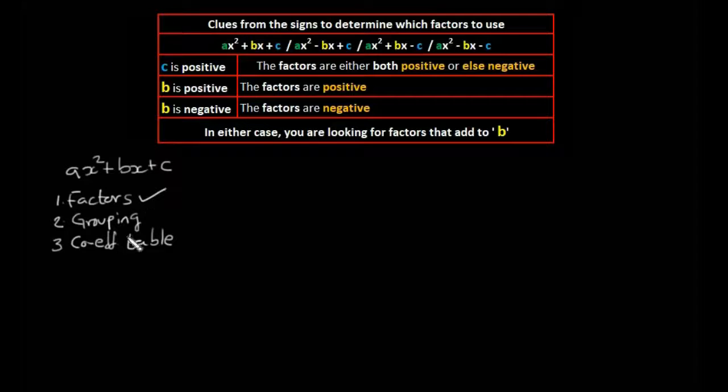Let us look at how to factorize x squared plus 5x plus 6 and how the above table will guide us whether the factors are positive or negative. In this method, we need to find factors of constant c, which is positive 6 in this example.